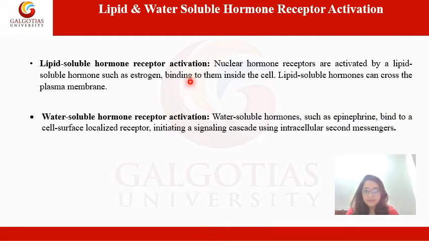Now after looking at the steps involved in hormonal signaling and the mechanism of action of hormones, we were supposed to discuss today the lipid and water-soluble hormone receptor activation. So let's learn about what these are, and then we'll look one by one at their videos and mechanism of action. First of all, lipid-soluble hormone receptor activation. The nuclear hormone receptors are activated by a lipid-soluble hormone such as estrogen binding to them inside the cell.